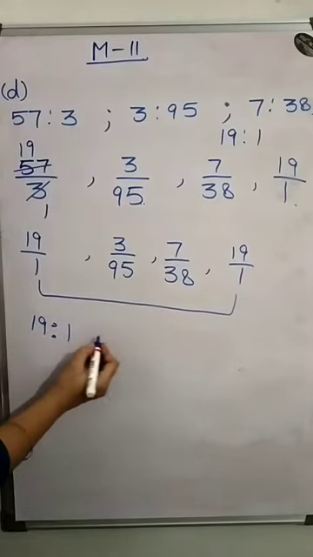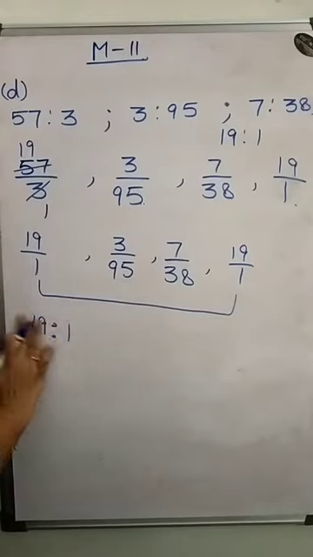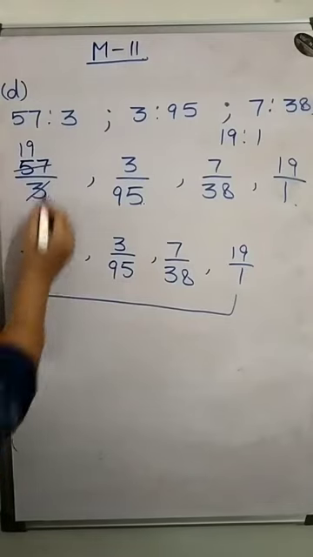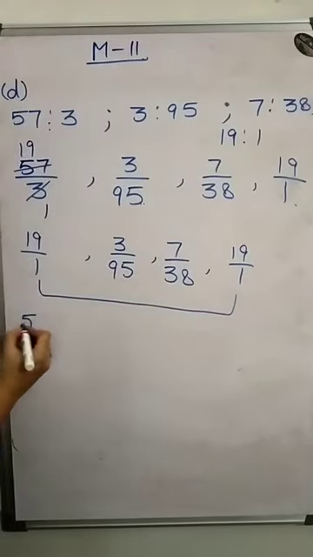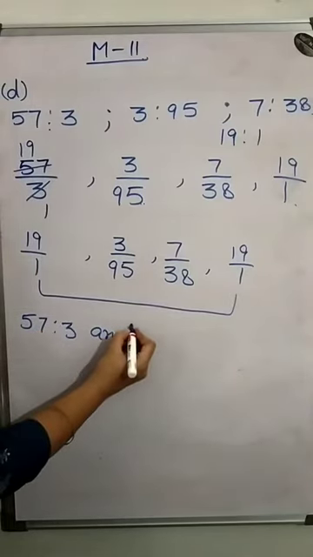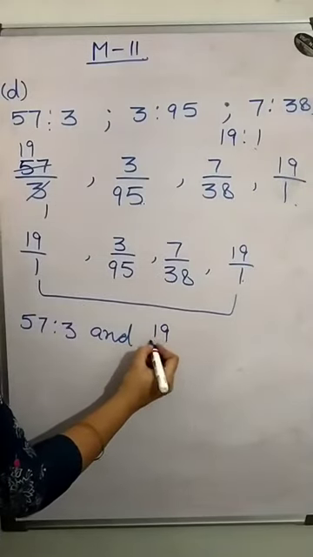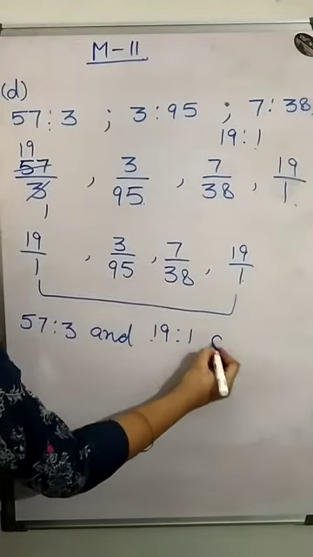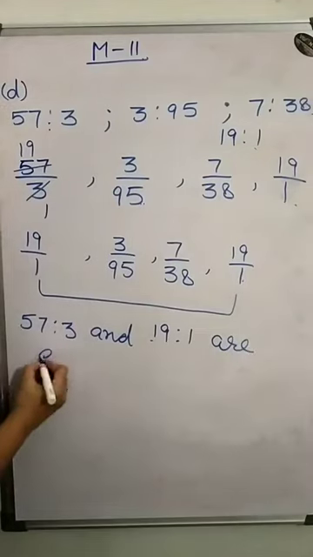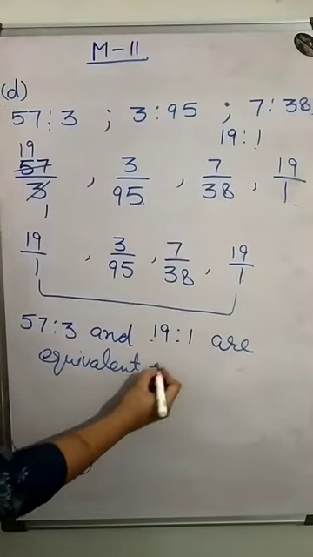So here I am writing 19:1, or you can write 57 upon 3, 57:3, and the last one 19:1 are equivalent fractions.